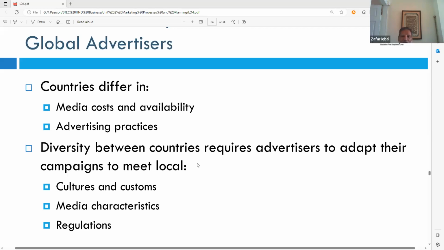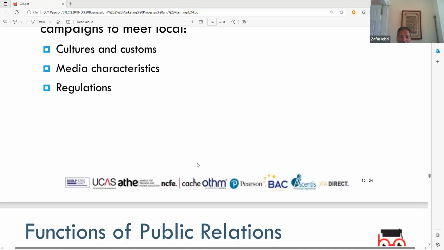So you need to make sure that your advertising strategy meets the diversity between countries. One advertisement doesn't do for other countries, because you need to adapt the marketing campaign to the local needs of a different country. So make sure that the campaign is geared towards the local needs.